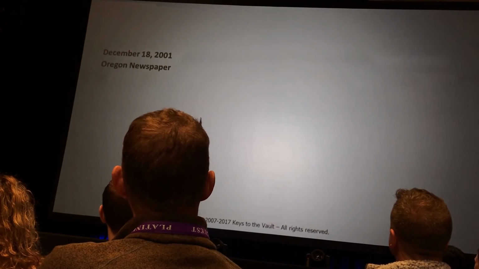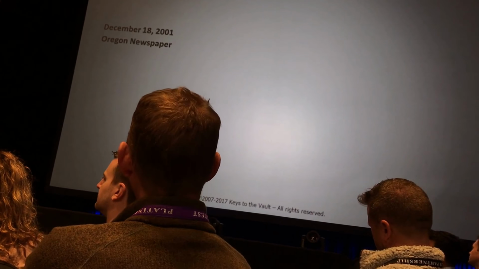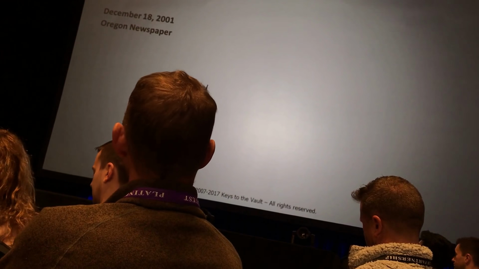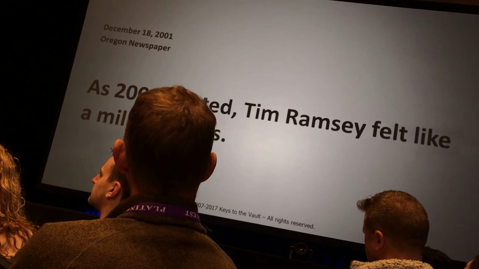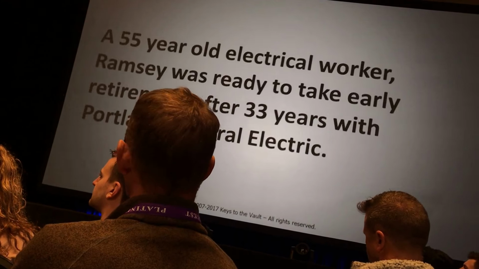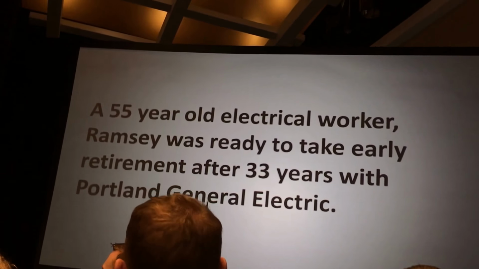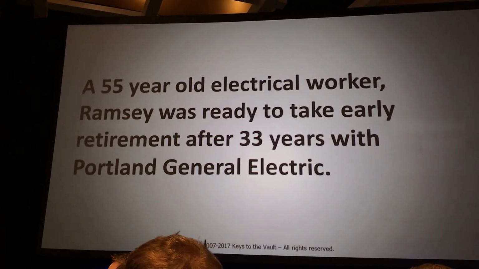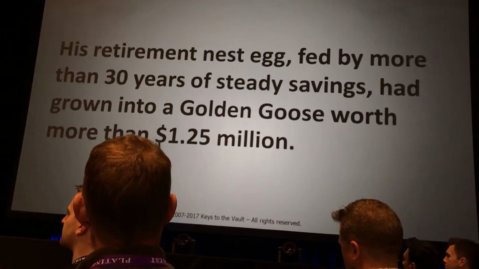I love this article that happened in an Oregon newspaper back in 2001. The article says this: as 2001 started, Tim Ramsey felt like $1 million. A 55-year-old electrical worker, Ramsey was ready to take early retirement after 33 years with Portland General Electric.